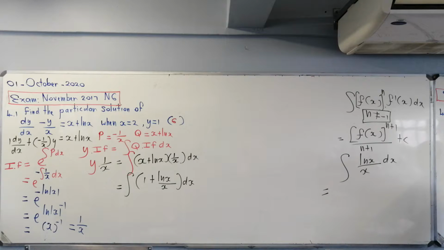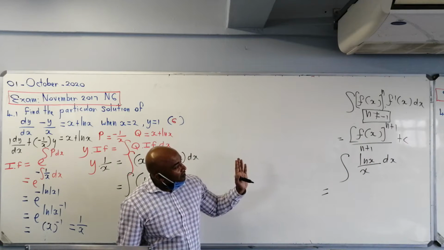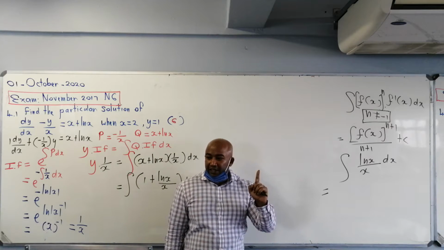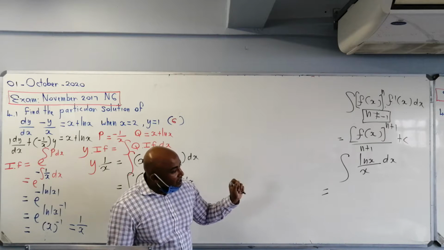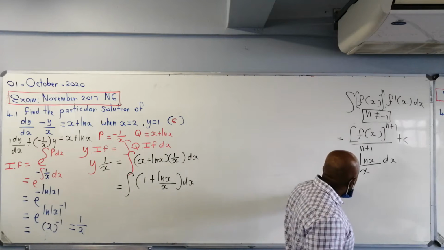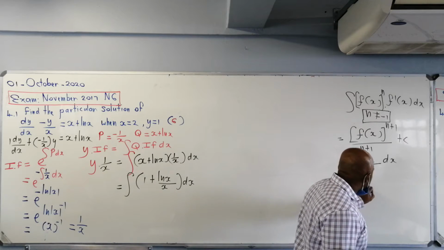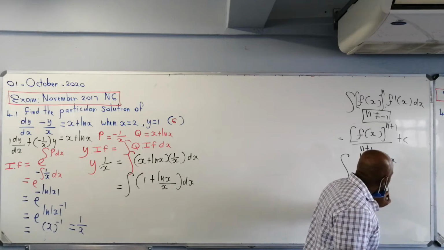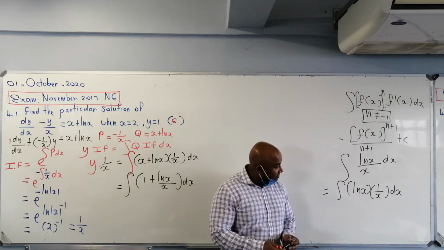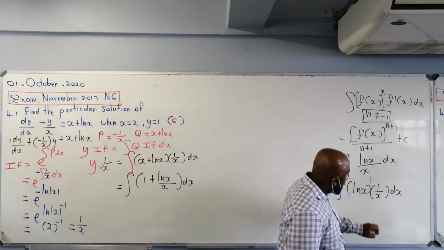Alright, so now can we see f of x and f prime x? You must know your differentiation mentally. You can just look at it and see that the derivative of ln x is 1 over x. So what am I saying? ln x divided by x is the same as ln x multiplied by 1 over x. Can you see that? Okay. So what is the power here?